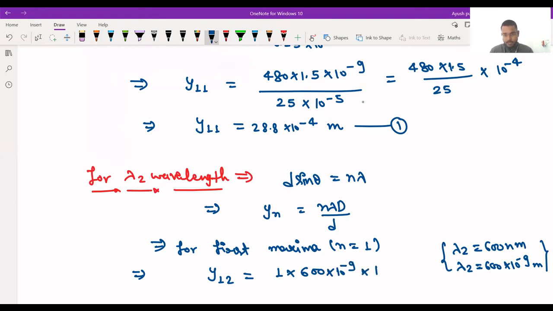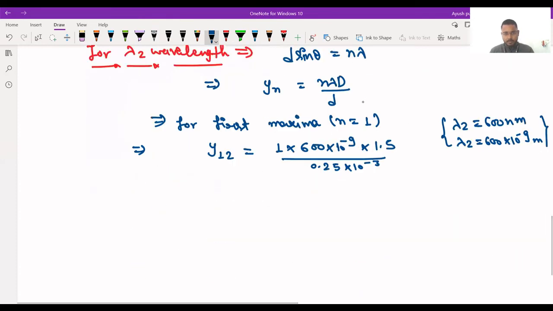And capital D is again 1.5 and small d is again 0.25 into 10 to the power minus 3. So everything is same. Let me again use the calculator, 600 into 1.5 divided by 25. So it will come out to 36 into 10 to the power minus 4 meter.